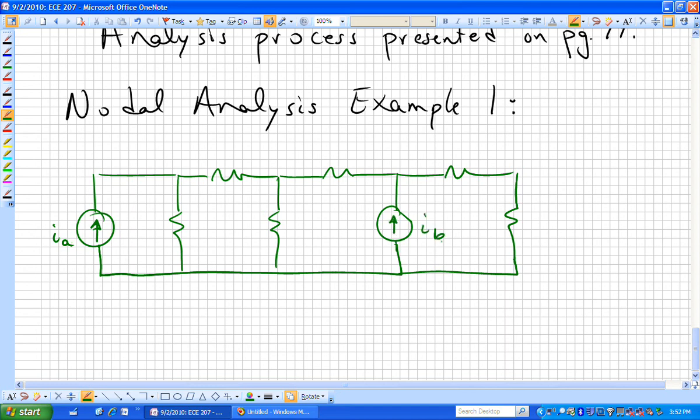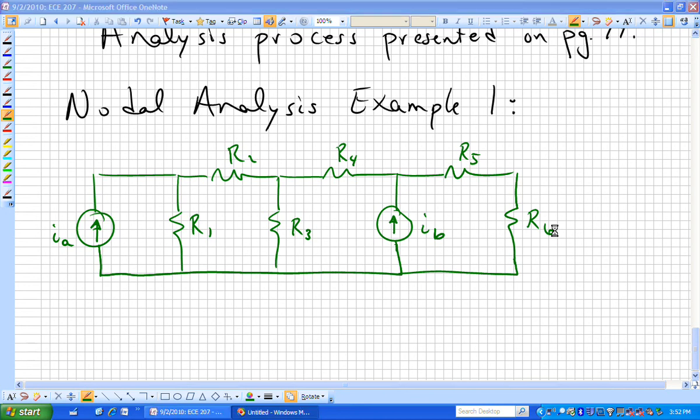Let's call that I sub B. We'll label these resistors from left to right. Here's R1 vertically, R2 horizontally. The next resistor vertically is R3, R4, R5, and R6.